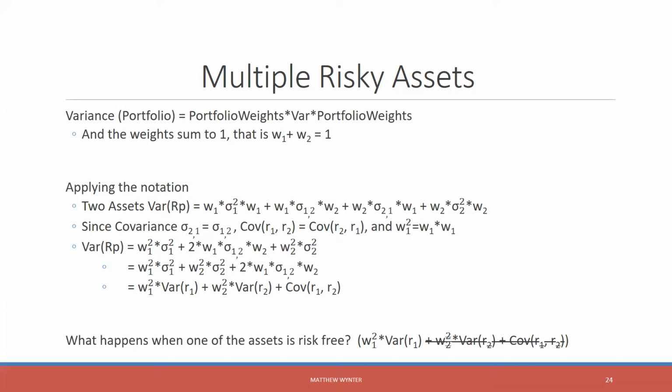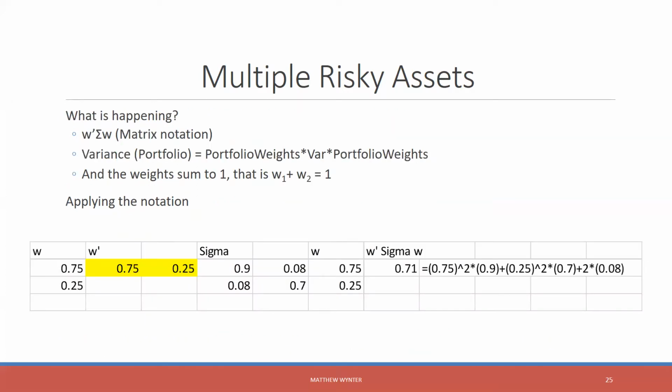Okay, so let's look at this within matrix notation to make sure that we're all on the same page. What is happening? We've got W, which is our column for our weights. We've got sigma, which is our variance covariance matrix. And then we've got W again. So why do we have this weird pre and post multiplication? Why are we doing all that? We're doing all that because that's the way that we calculate the number.